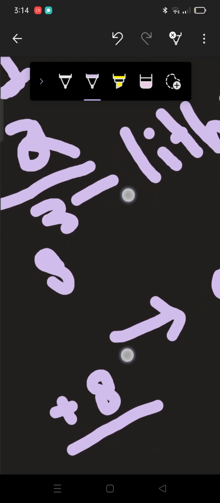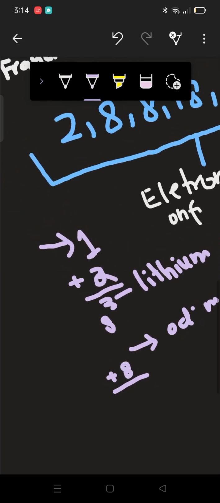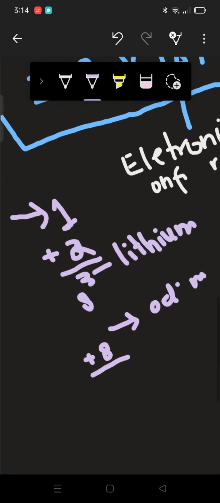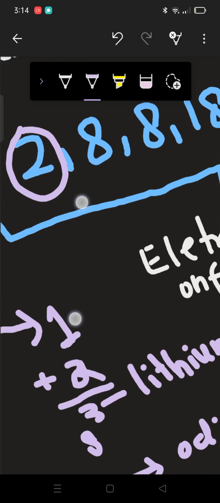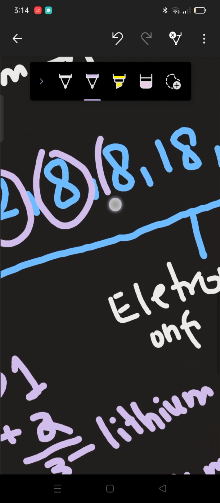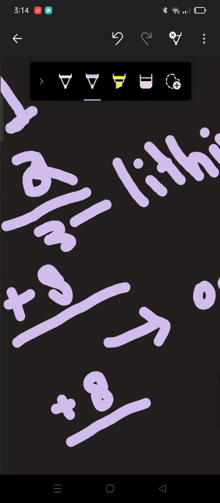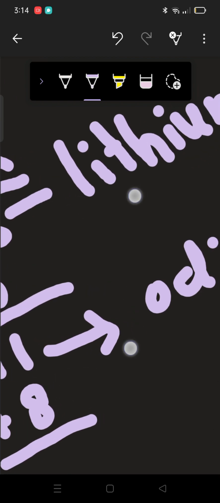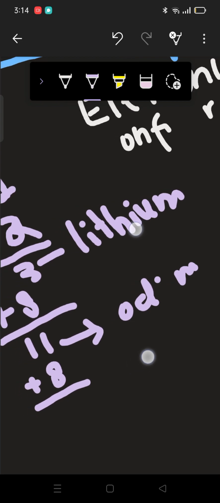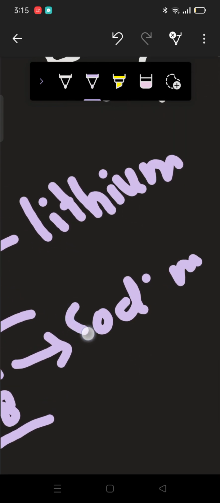Then we added 8 with this 3, and again we got 11, and 11 was the atomic number of sodium.